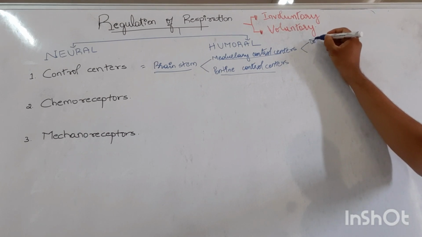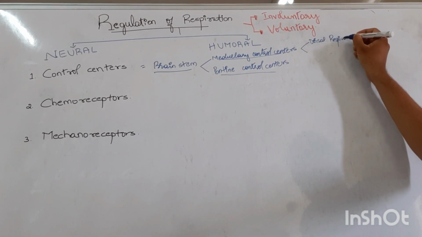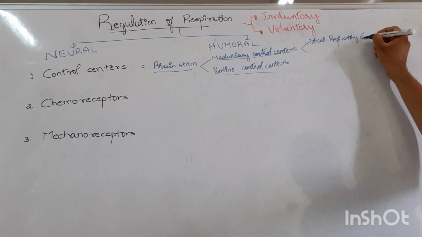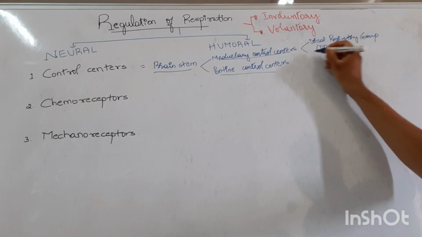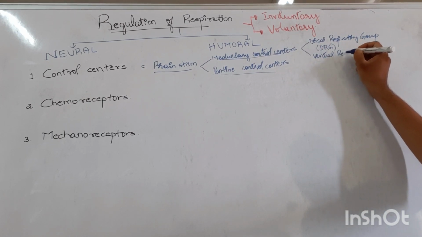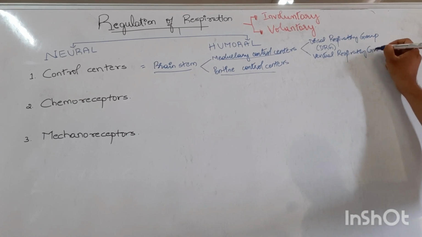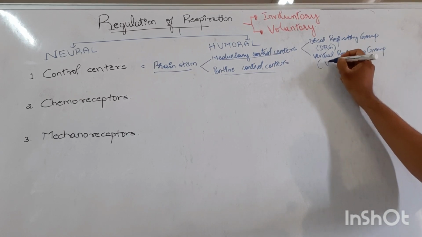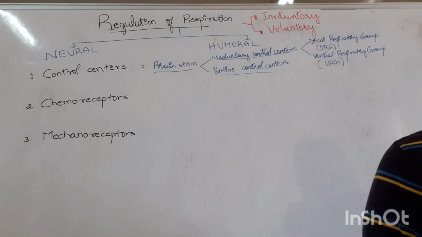One is called dorsal respiratory group neurons, referred to as DRG, and we have ventral respiratory group neurons, VRG. So these are the two important neurons that emerge out from the medulla, which help in the regulation of respiration.